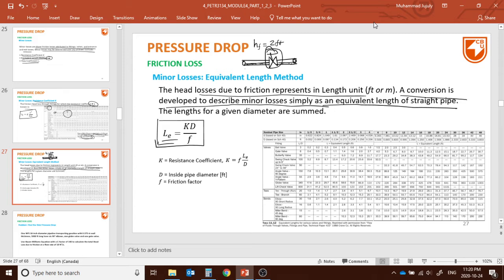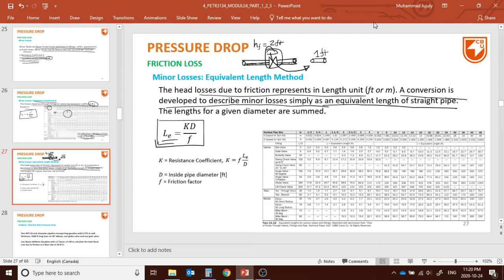The way we calculate it, we convert the friction loss due to the valve to an equivalent length of pipeline. For instance, this is 1 foot.